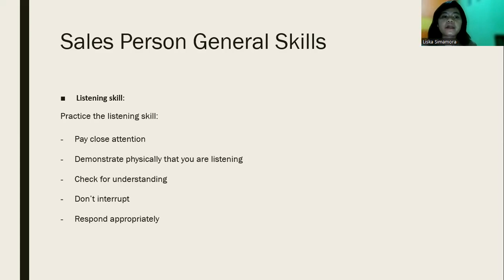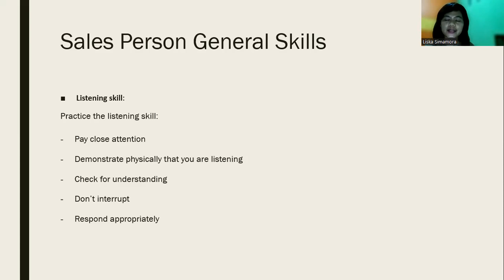And then check for understanding. What does it mean? When your customer is telling you things, make sure to clarify the information. So you check for understanding whether you misunderstood or you caught the idea clearly. Don't interrupt.